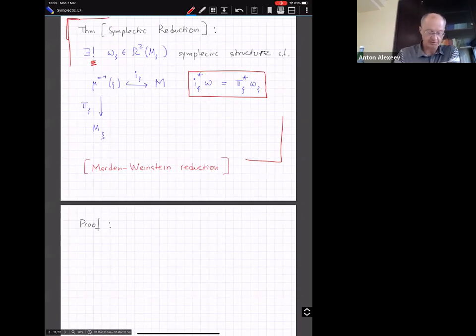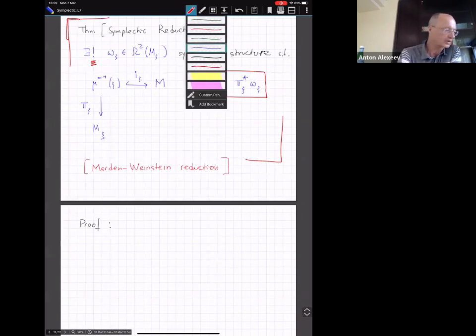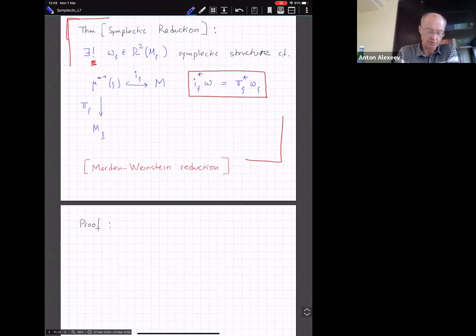So how does it work? First of all, we have G Xi acting on the fiber, the preimage of Xi, and here there is a projection by Xi to the quotient space.